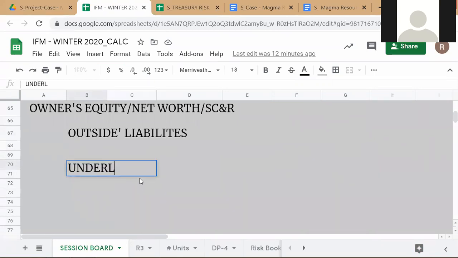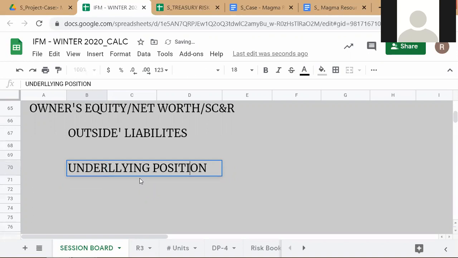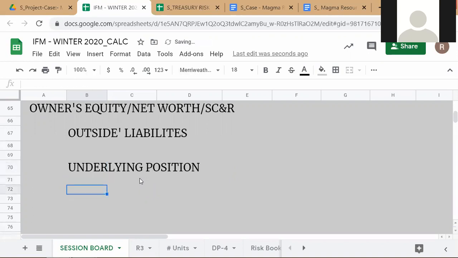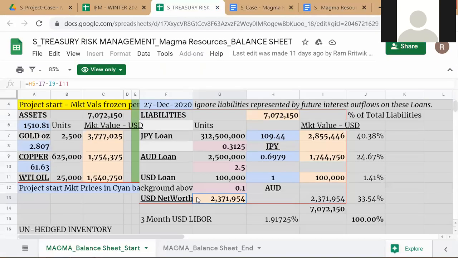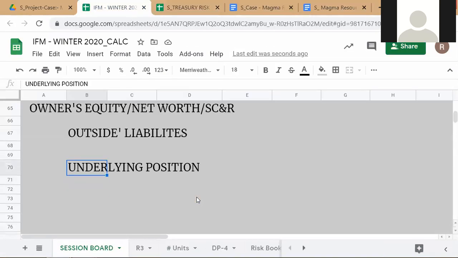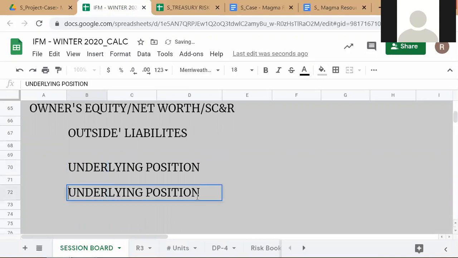So let's have the underlying position. Spelling is not correct. And then you have the hedge position.